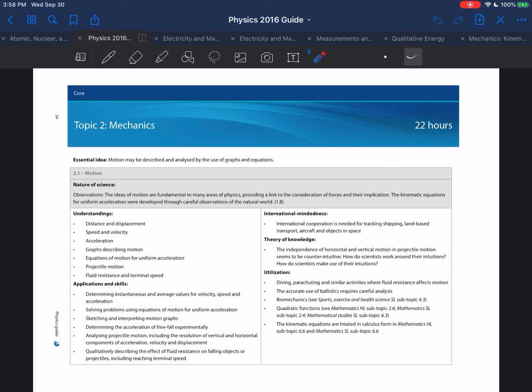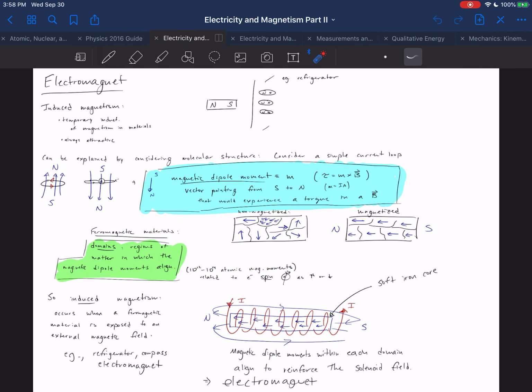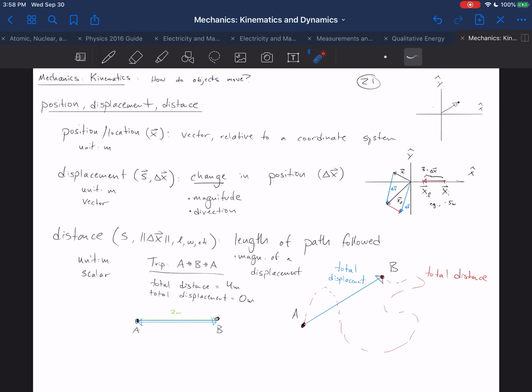Hello everyone. In this video we will begin to consider topic 2.1, motion, and in particular we will disambiguate position, distance, and displacement. So the study of motion begins with the question of how objects move, and it's important to recognize what exactly it is we're going to describe and quantify in this particular subtopic.